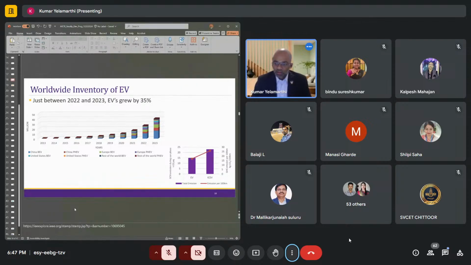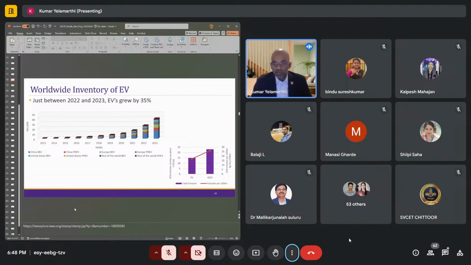The one on the left talks about the market share of electrical vehicles in each country. Across all the countries right now, there are already 40 million EVs in operation.